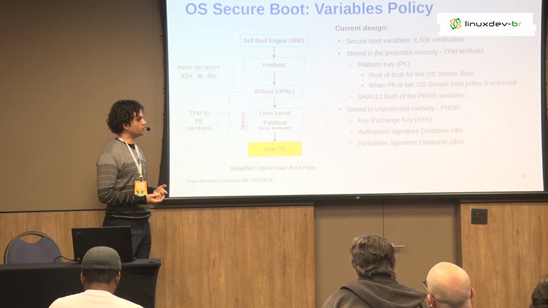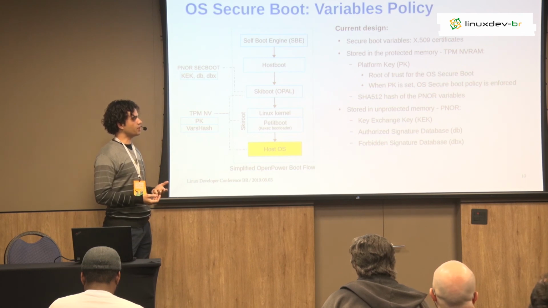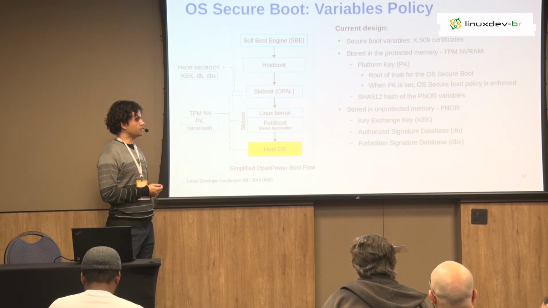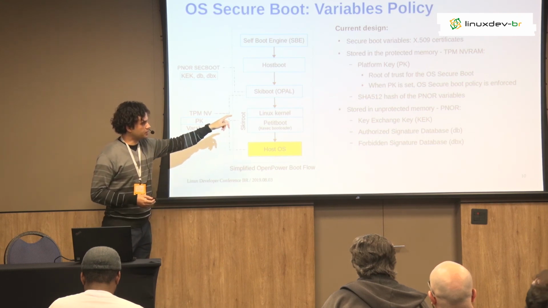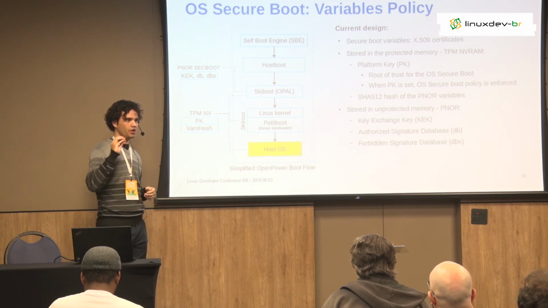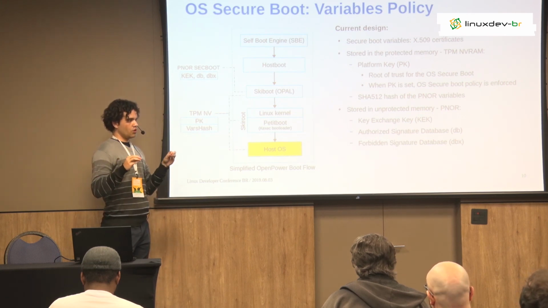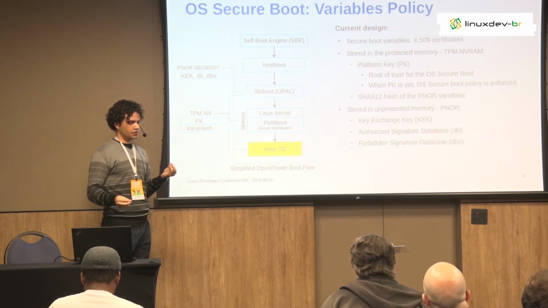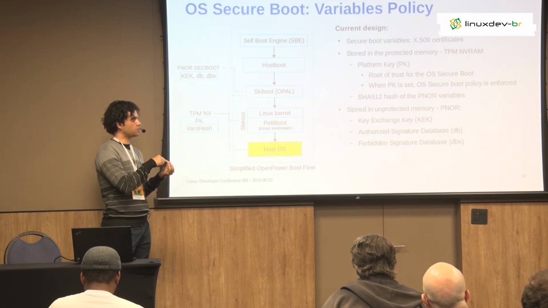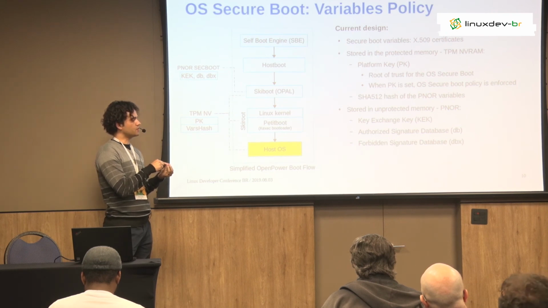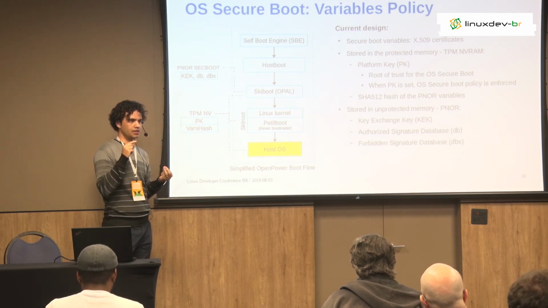The critical data we have for OS secure boot is the platform key and also the hash of the other variables. I'll explain more about the hash. Let's focus on the platform key. The platform key is the root of trust for OS secure boot, so in a certain way all the other keys need to chain back to it. If the platform key is set, it means that OS secure boot is enabled.